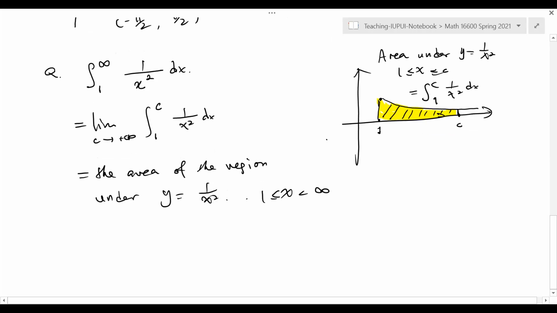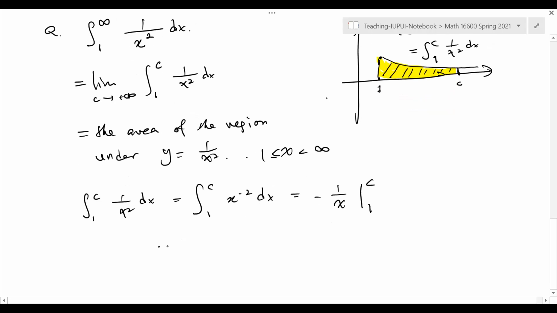So let's look at whether it has a finite area. This unbounded region goes to infinity. First of all, you take a look at this integral, and you get x to the negative 2 dx.